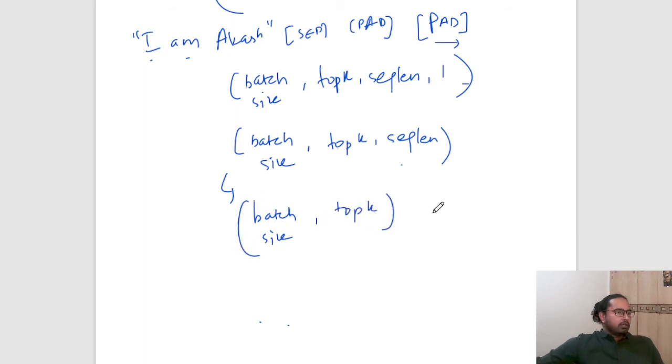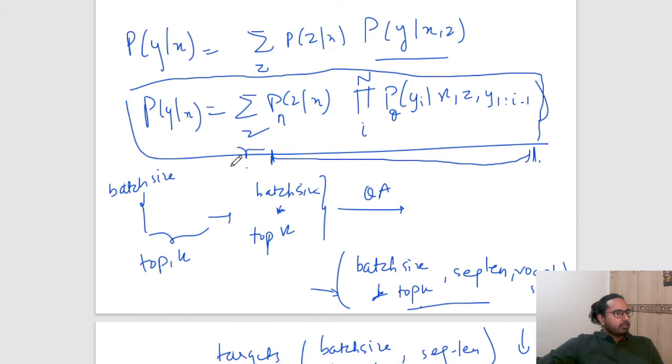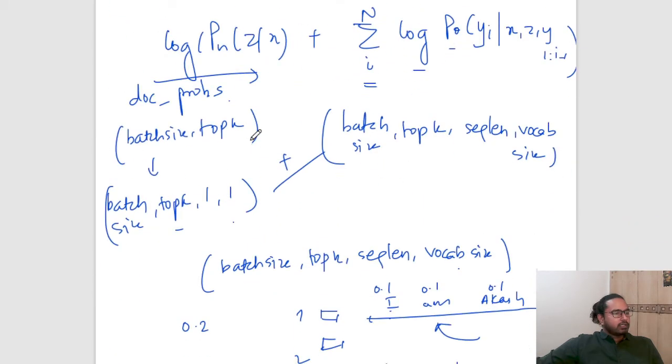Okay. So this value, as discussed, represents the function value till here. We still have to do a marginalization over the retrieved documents.